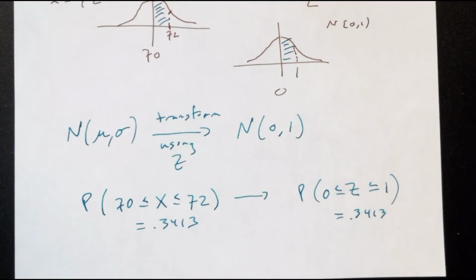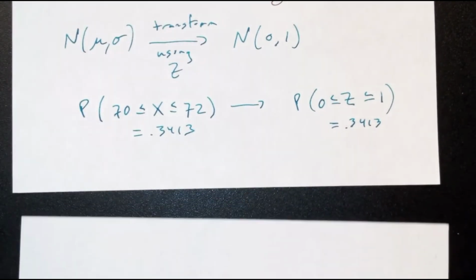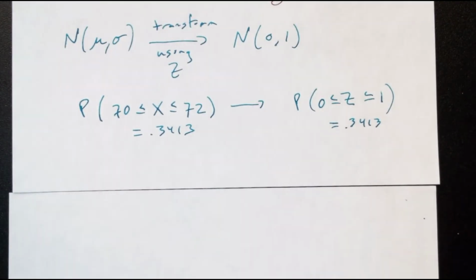So I don't care whether we're talking about the height of a human male, American male, or the petal length on a daffodil, or the height of a stalk of corn. These are all normally distributed objects. And I can ask probability questions about normally distributed populations using one normal distribution every time. The big important part here is to make sure I'm dealing with z-scores.